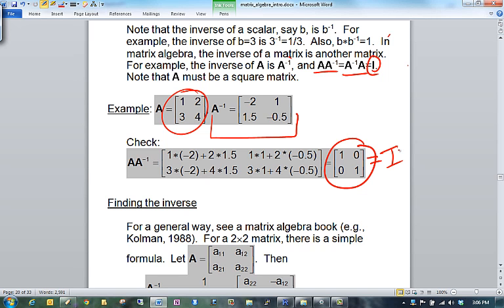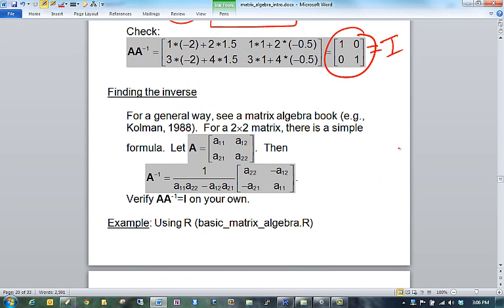Now, how did I find this A inverse? Well, in a 2x2 context, it's not too difficult to do. And that's the only context that you'll be responsible for. When you get to 3x3, 4x4, the calculations are not fun to do by hand, so we just simply use computers. But in a 2x2 context, let's say that I just have this general matrix A here.